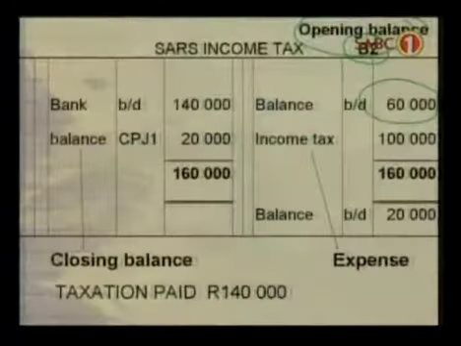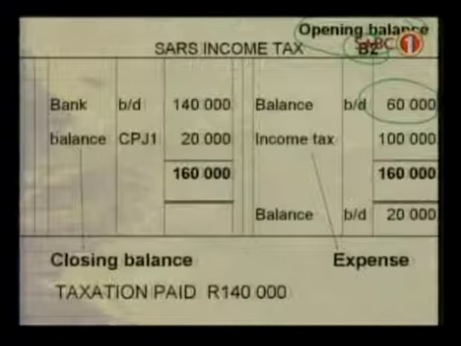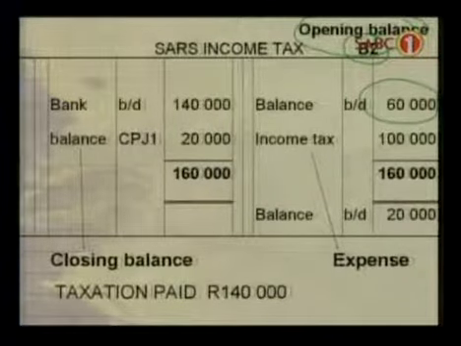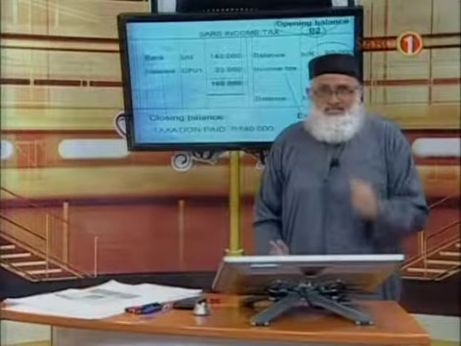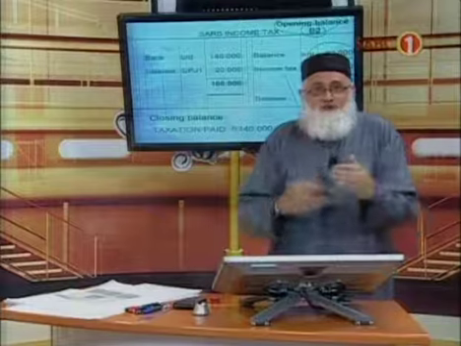So step number one, get your opening balance. Finalize your opening balance. And as I said, it could either be a debit balance or a credit balance. In our example, it is a credit balance. Got it? Okay. Step number two, follow the procedure. Watch the modus operandi. Watch how I go about doing certain things.